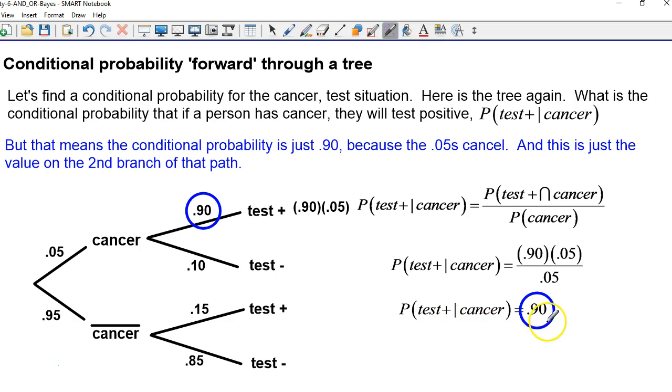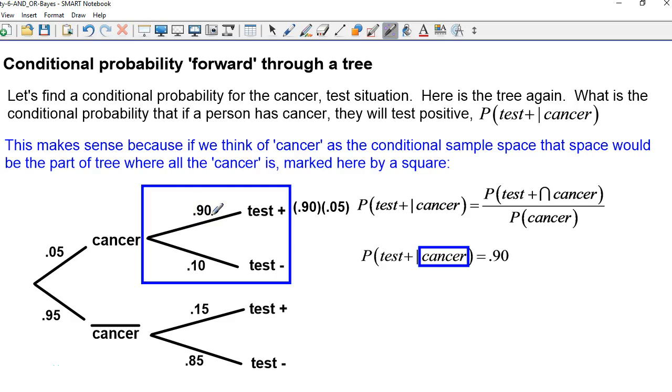But what I want you to notice is that 90% is a probability on our tree. It's the probability on this branch of the tree. Now, why is that way? It makes sense because, remember, conceptually we said that conditional probability means we define a conditional sample space, and that's the probability of something happening within the conditional sample space. So another way to think of this is, if the condition is cancer, then we can consider what part of the tree is related to cancer.